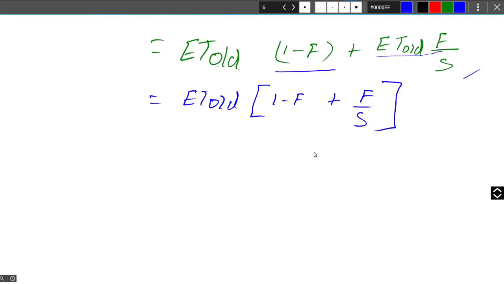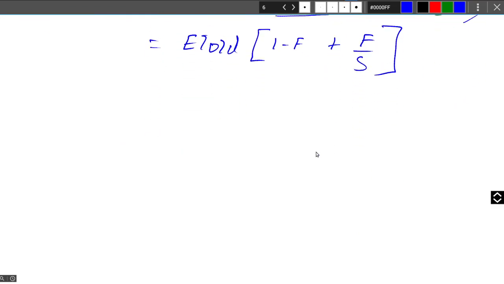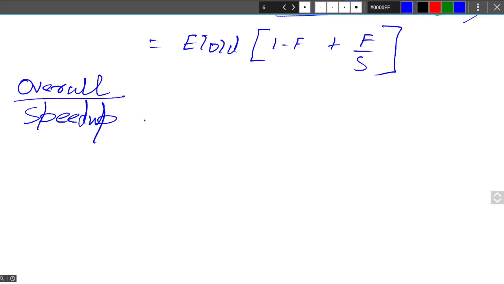So this is something about ET new. Now you can calculate the ET new based on the values of the ET old and the speed up with the new fraction. So overall speed up, if you have to calculate for the system, we are calculating overall speed up, meaning the speed up of the whole system.